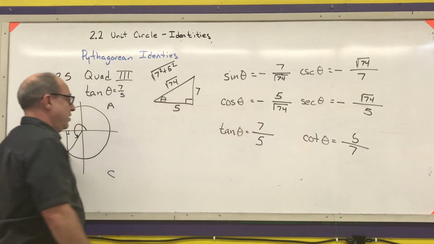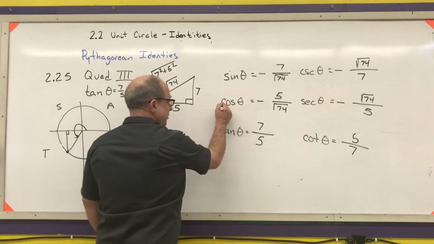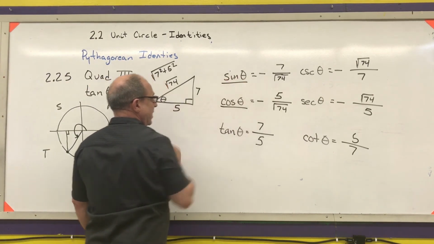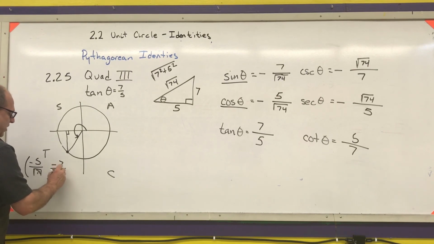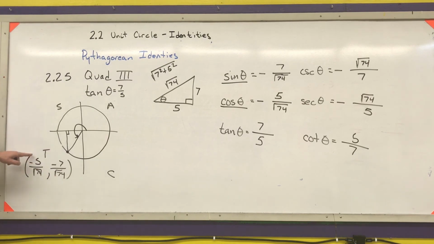We know the point on the unit circle is going to have the cosine of theta as its x-coordinate and the sine of theta for its y-coordinate. So the x-coordinate would be -5 over root 74, and the y-coordinate would be -7 over root 74. And again, these can be rationalized to come up with -5 root 74 over 74 and -7 root 74 over 74, like I showed you the first time I did the example.